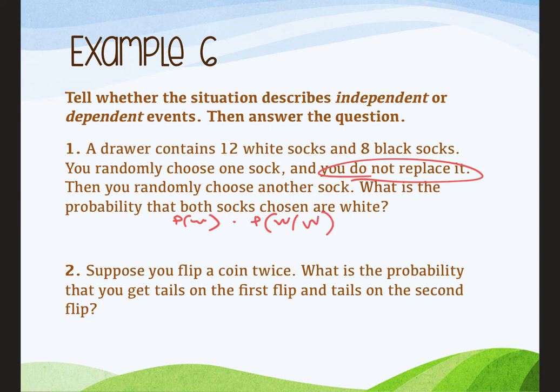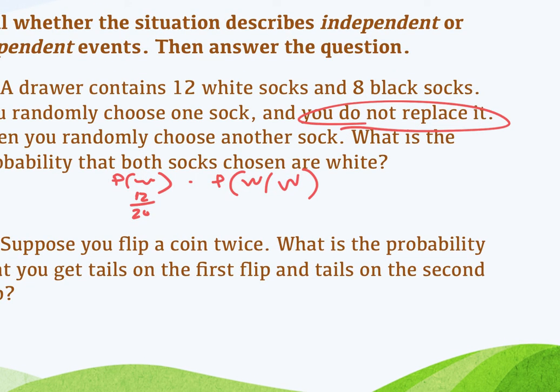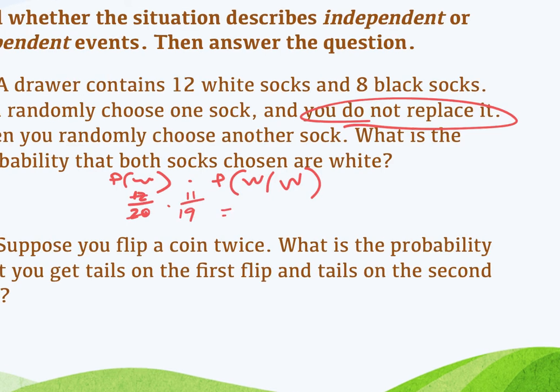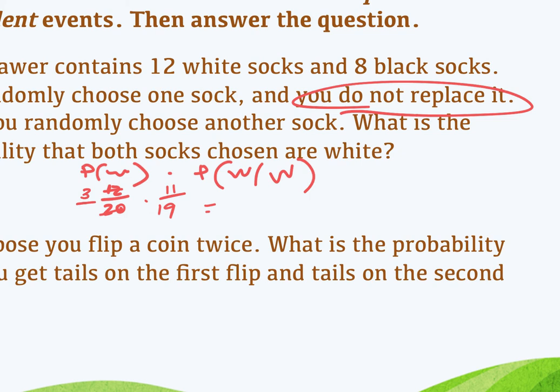So what's the probability you pick a white sock the first time? 12 out of 20. What's the probability you get it the second time? 11 out of 19. So this would be 4 3/5, and then 33 over 135.